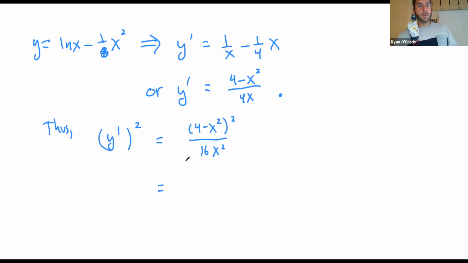That is a perfect square. Foreshadowing. The numerator is a perfect square. It's something squared. By definition, that's a perfect square. And if we multiply it out, we get 16 minus 8x squared plus x to the 4th all over 16x squared.